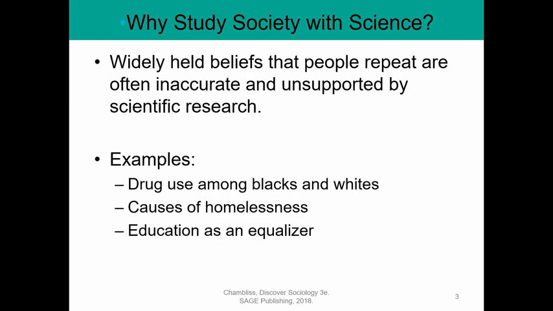Another misperception about homelessness is that it's always been with us. That isn't really true. There have been some homeless people now and then in previous eras. But prior to the late 70s and 1980s in the United States, we didn't have homelessness the way we have homelessness now.